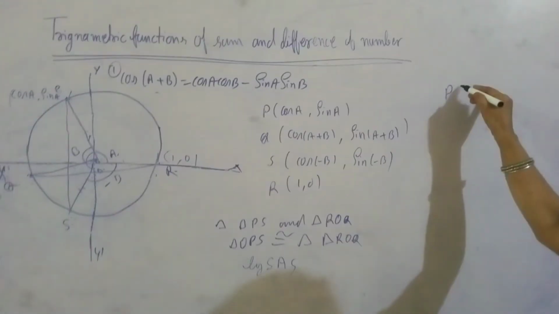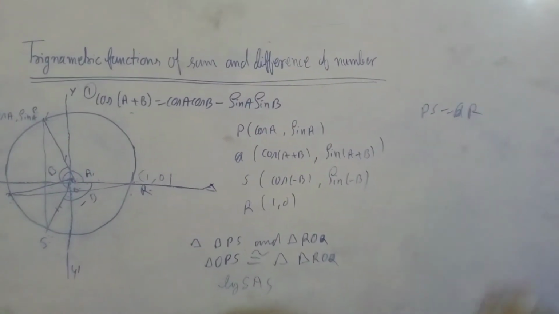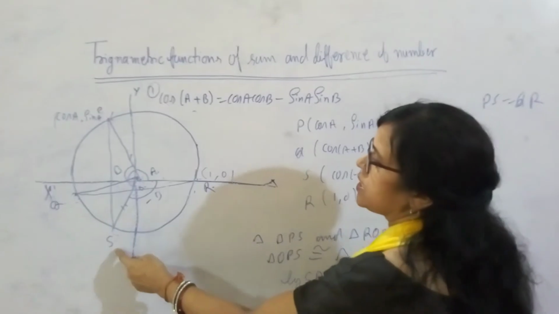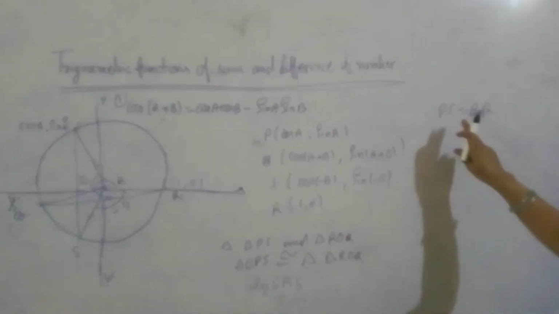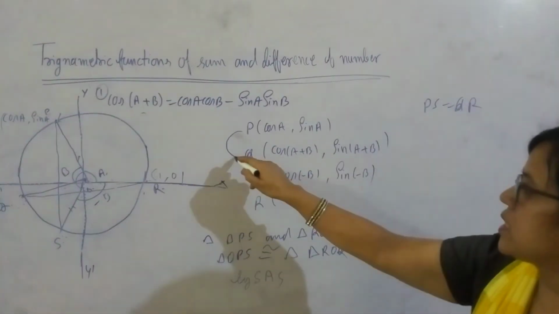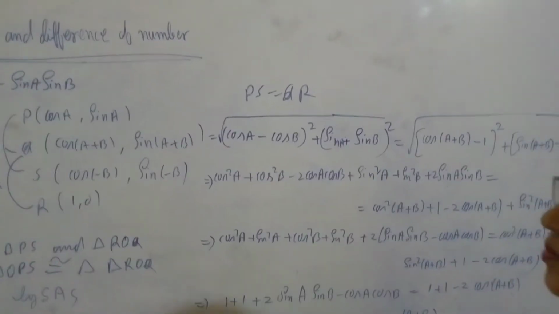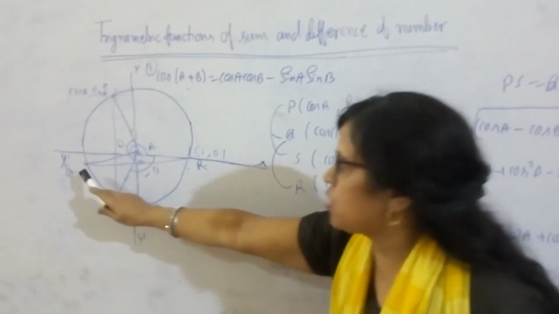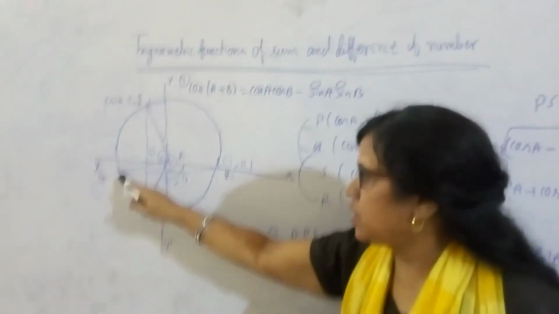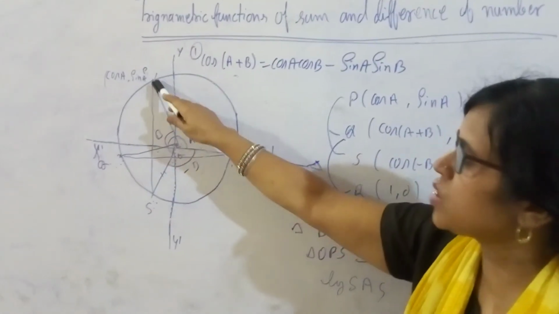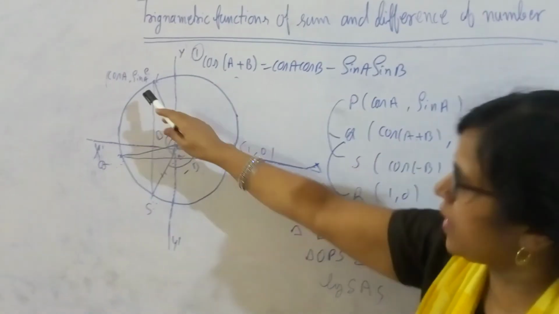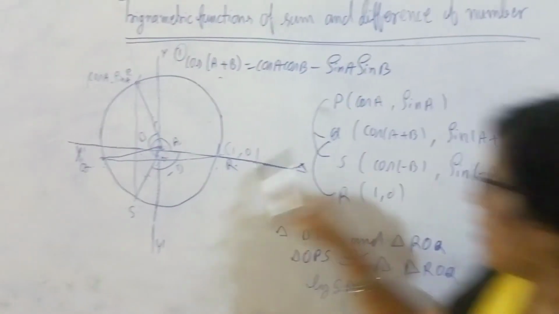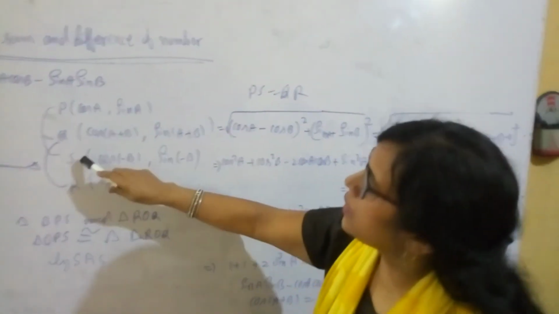By using PS equal to QR, these two distances are the same, so we will use the distance formula. Now I am explaining distance PS is equal to QR. We have the coordinates of P, Q, R, S. Now we will take the distance formula from P to S.